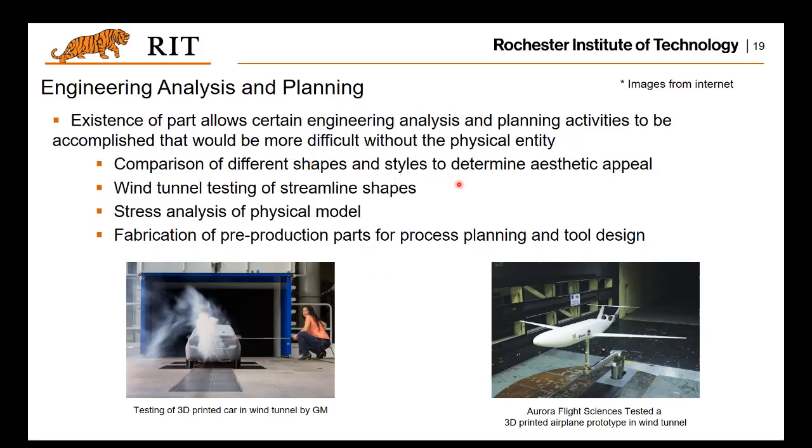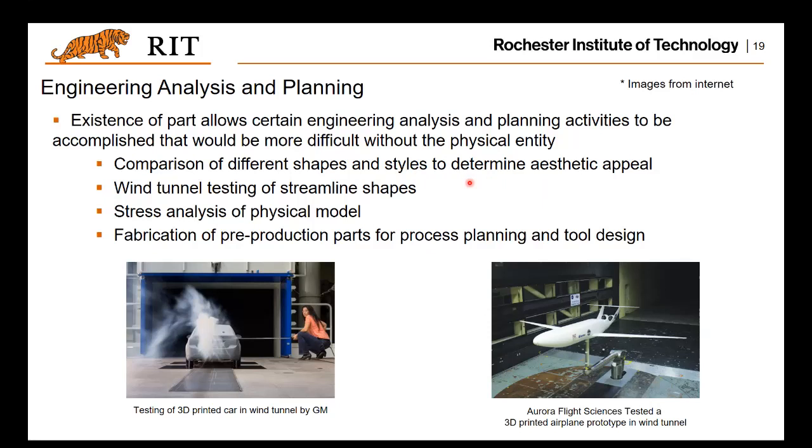But even the shape, I mean the appearance, including shapes and styles, means a lot for many products. For example, the car or even a cell phone, right? You want to look at the physical product with the shape and styles to check whether it satisfies your need or not.